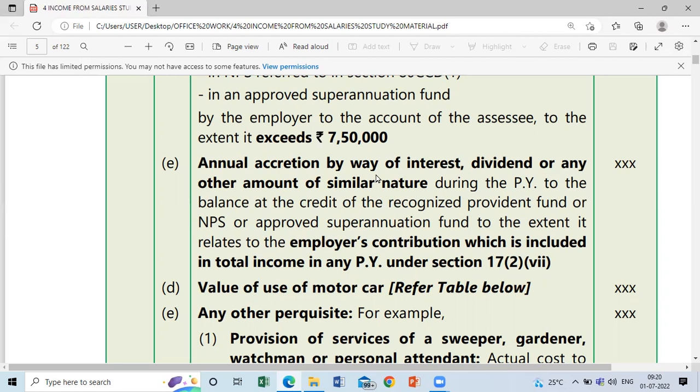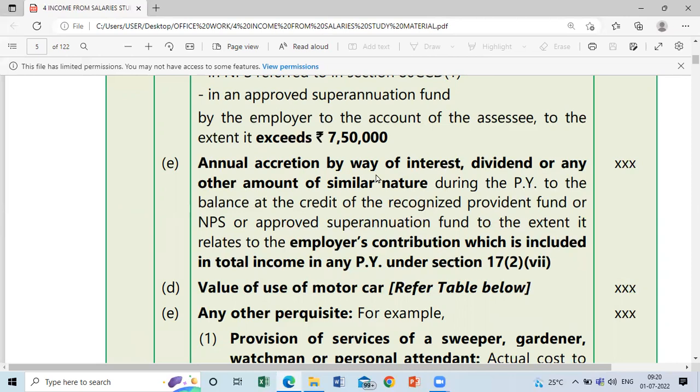So we take allowances, we take the basic salary, bonus, commission. Then we also add something called as pension, gratuity, any kind of retrenchment compensation. What is retrenchment compensation? Compensation paid for retrenchment from the employment. Retrenchment itself means forcefully removing the employee from the job.